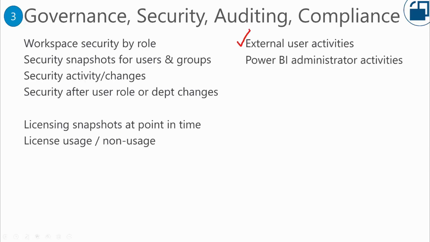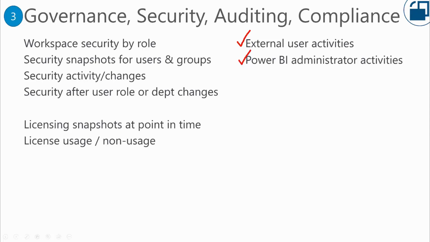Really focusing on what your external users or your guest users are doing if they have access to your Power BI tenant. You might do some specific auditing for just that. And I also like to see, when we are specifically auditing, what a Power BI administrator is doing, because it's a very high privilege role.